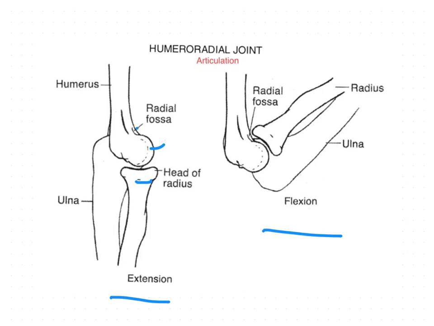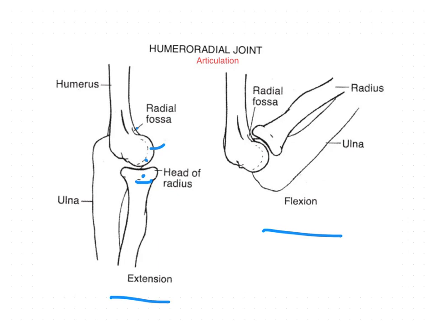Articulation between the radial head and the capitulum also involves a sliding motion of the shallow concave radial head over the convex surface of the capitulum.